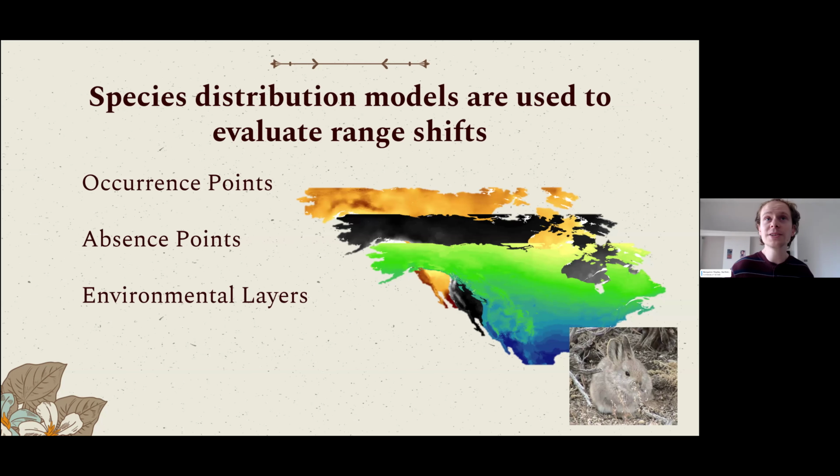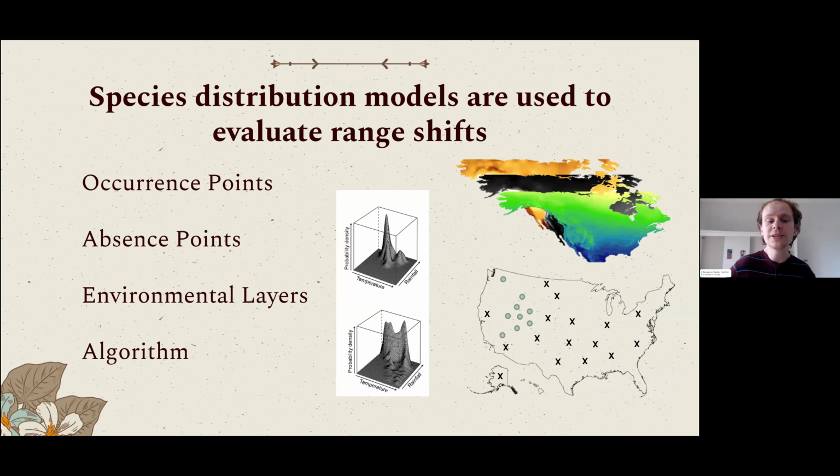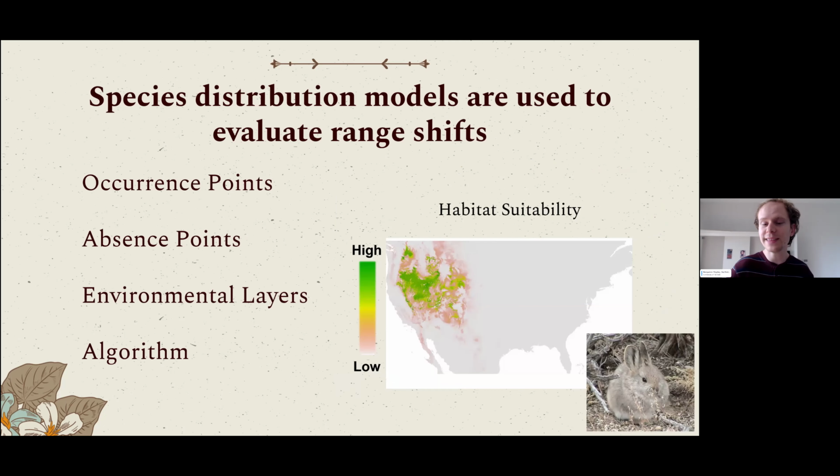They can be other environmental variables like topography or distance to a river. They can also be categorical like soil type. And then finally, these models use an algorithm to relate the environmental conditions of occurrence points to those of absence points, finding areas that might be more suitable for the species.